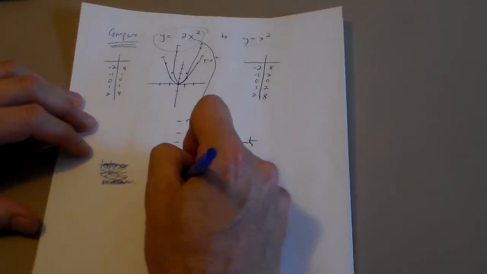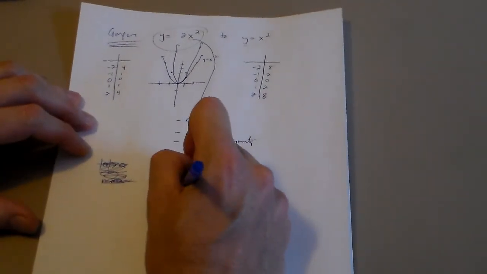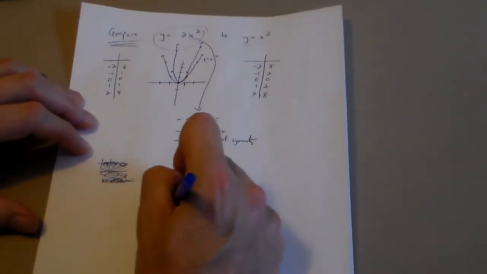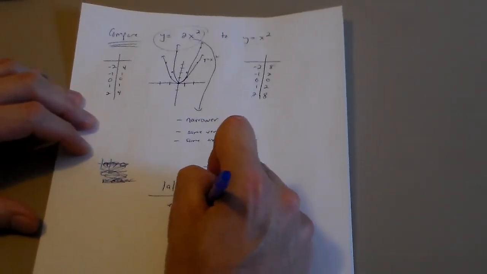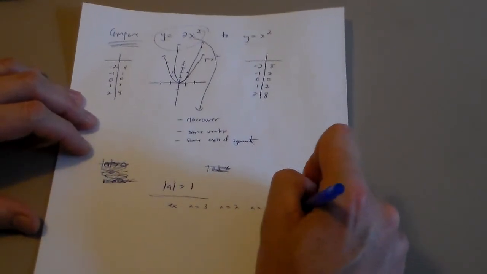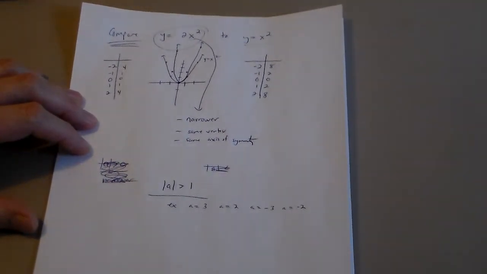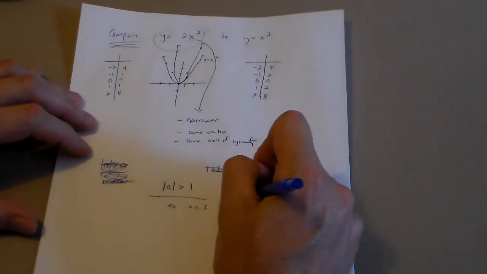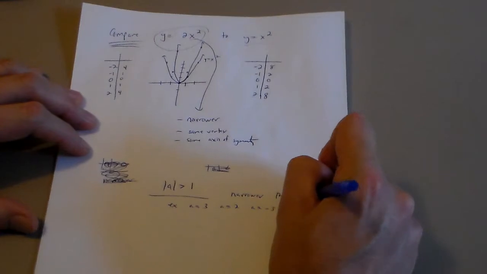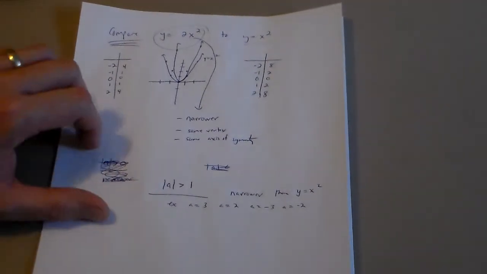When the absolute value of a is greater than 1, okay, so examples: a is 3, a is 2, a is negative 3, a is negative 2, okay? You're going to have a graph that is narrower than y equals x squared.